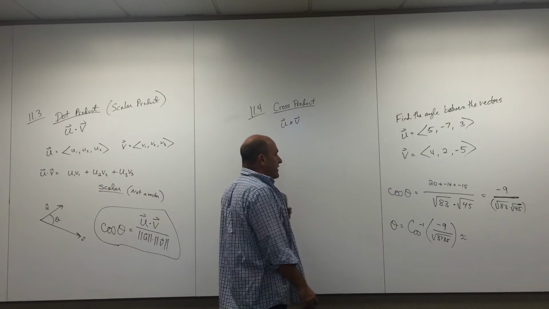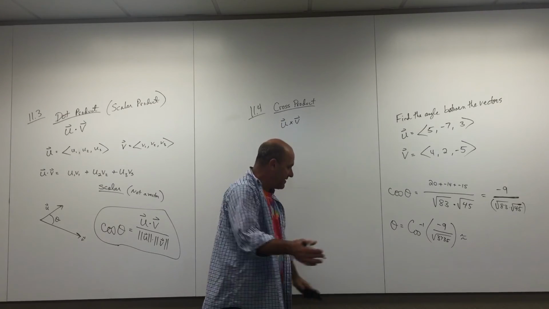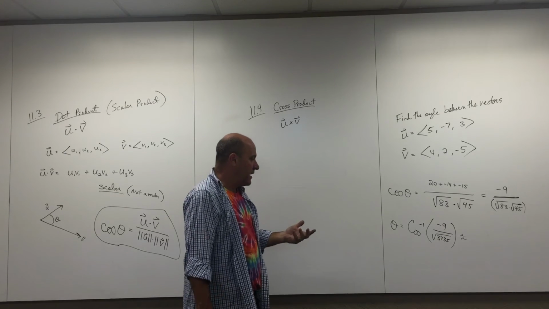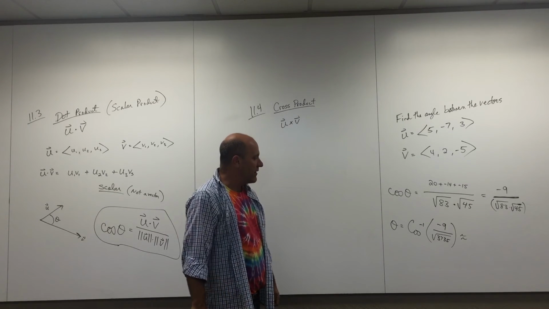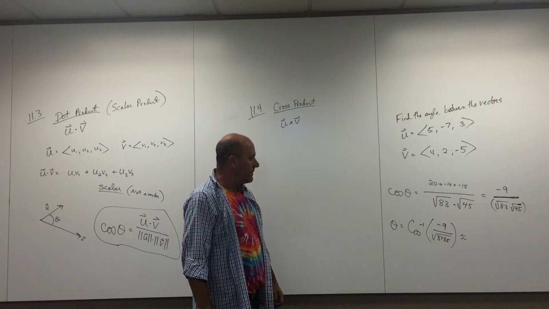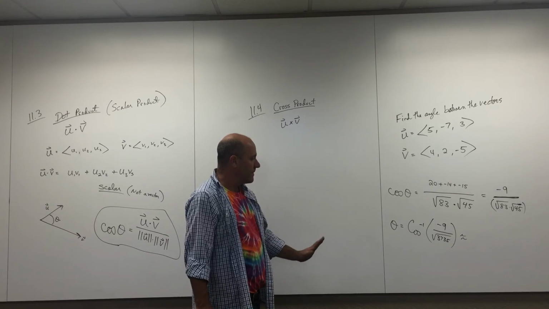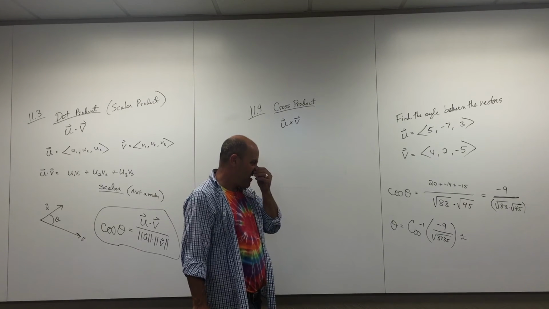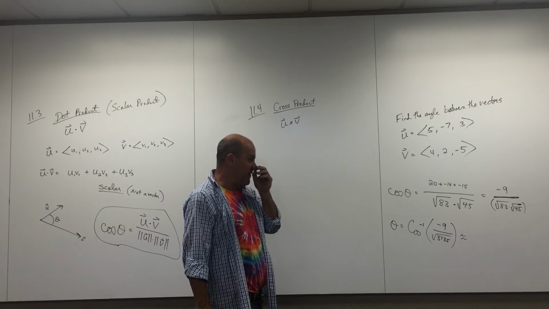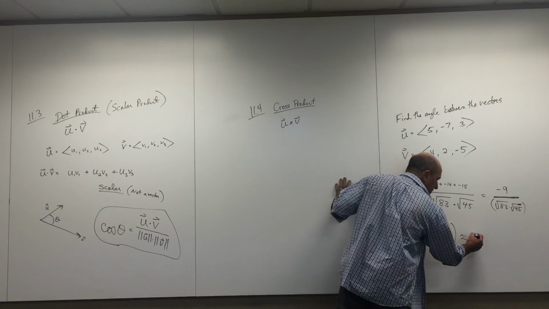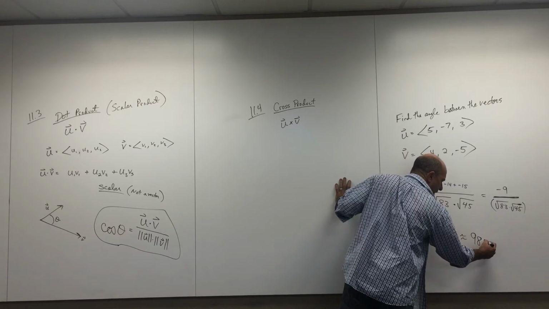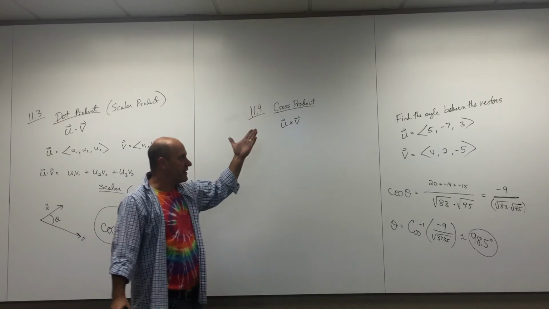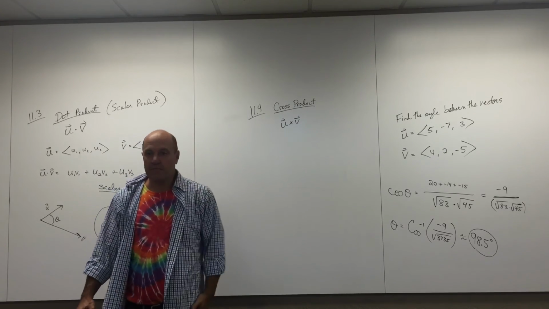Either way, it's a nasty angle, it ain't a famous angle, it ain't 60 degrees, and I just assume talking degrees here for a little while. Then 98.5. 98.5 degrees, okay? Anybody agree with that? Okay, good. That's the answer to that. Find the angle between the vectors, 98.5 degrees.